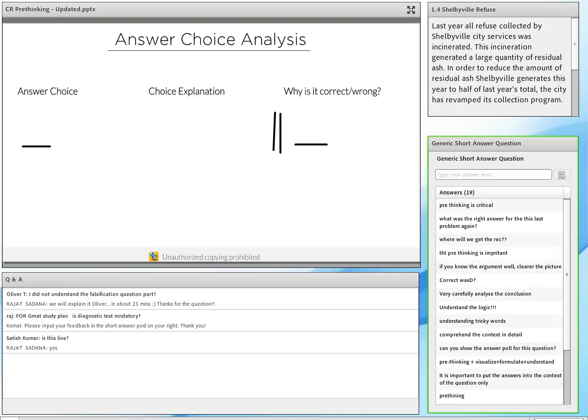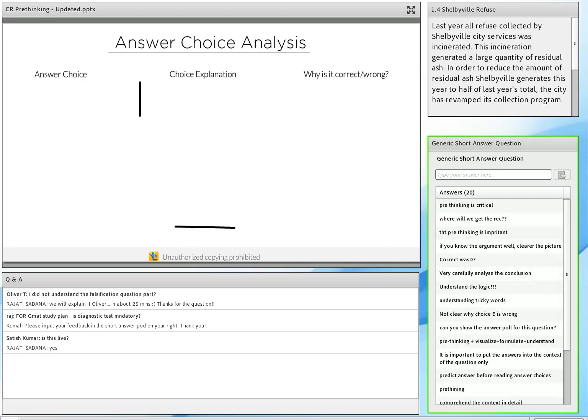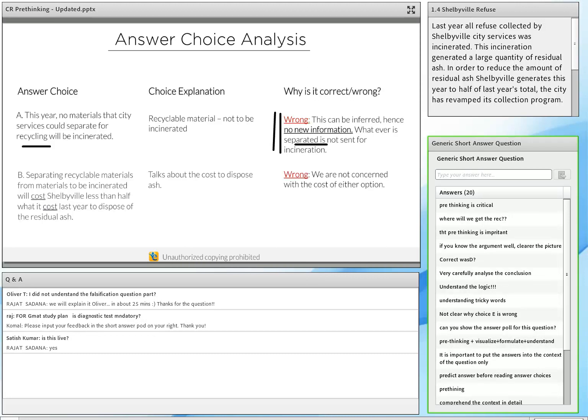Here is choice B, the cost of disposing.